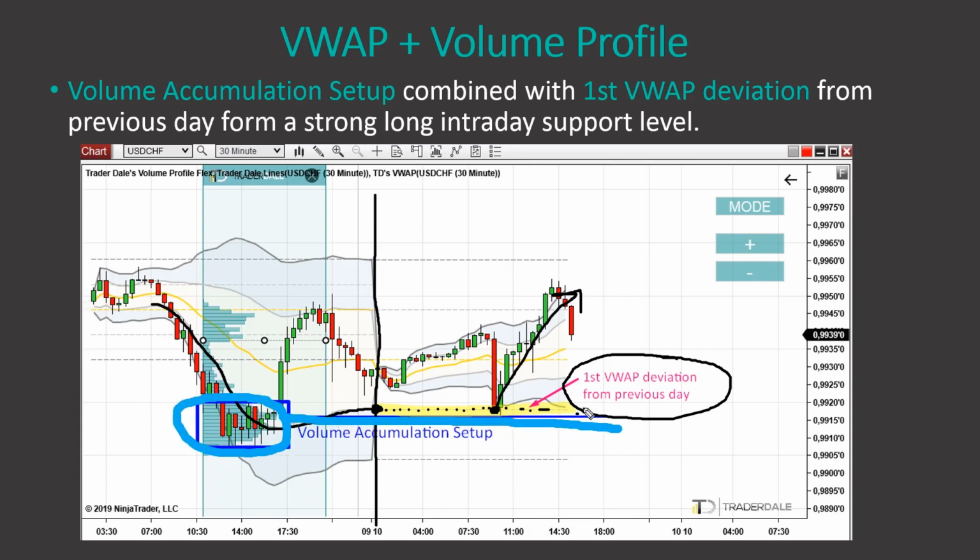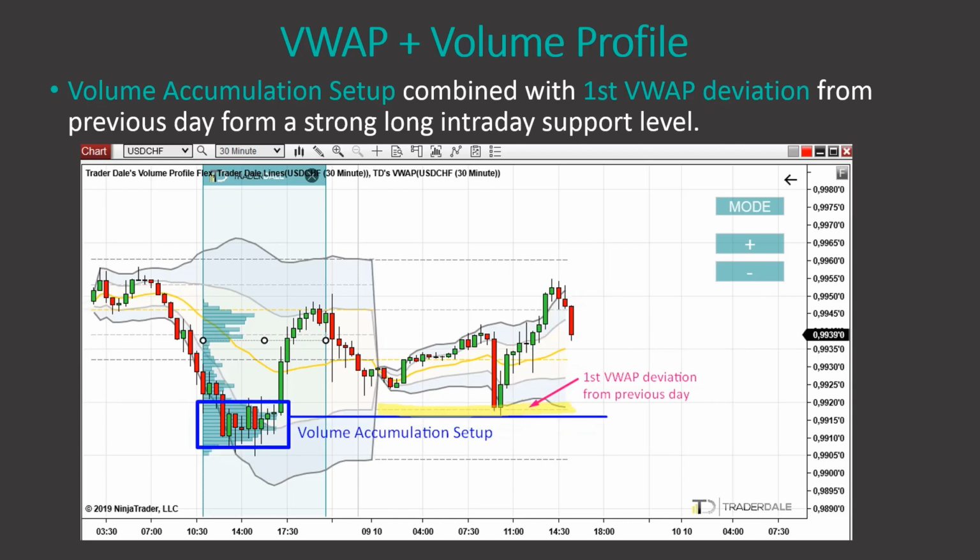Support in here. So two signals telling me that there is a strong support. VWAP telling me to go long, volume profiles telling me to go long. So the best thing to do is actually go long, right? So that was intraday trading scenario.